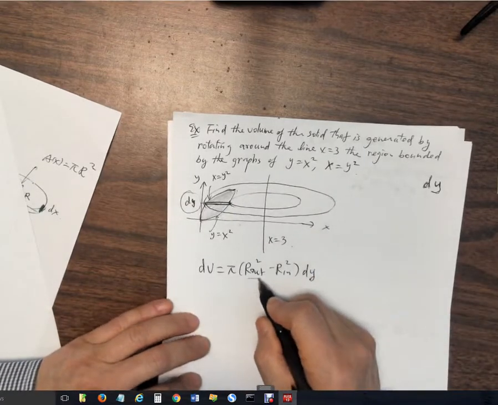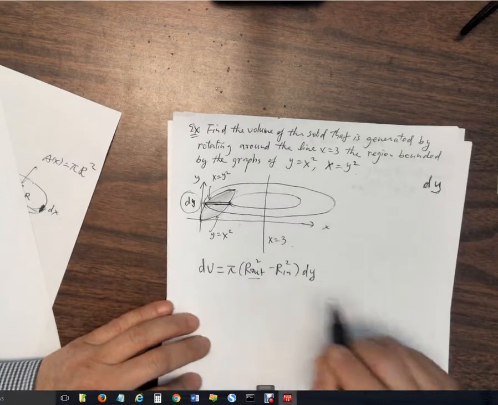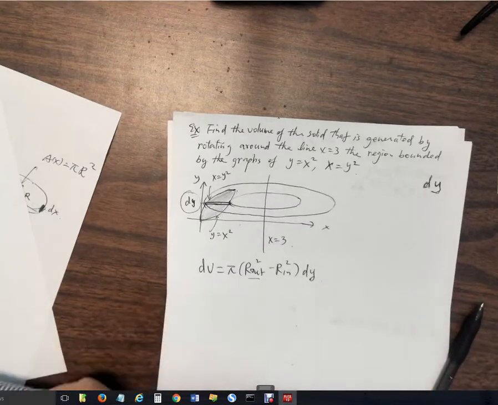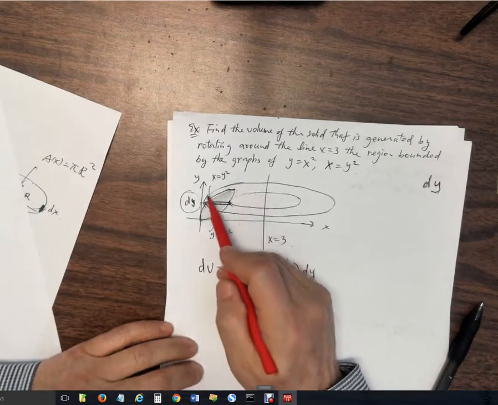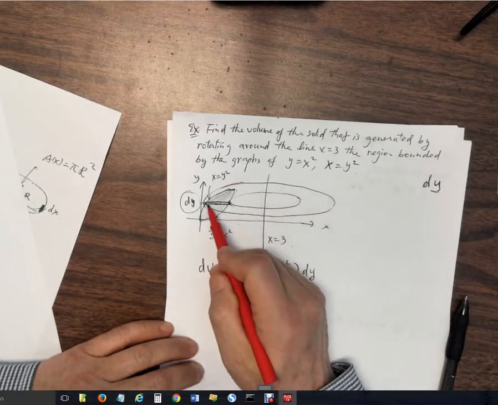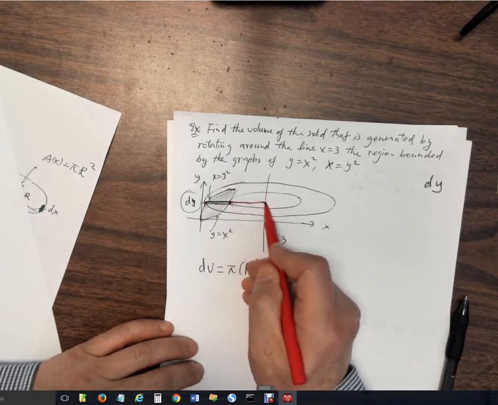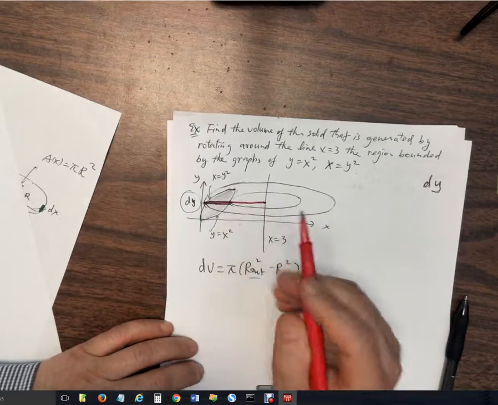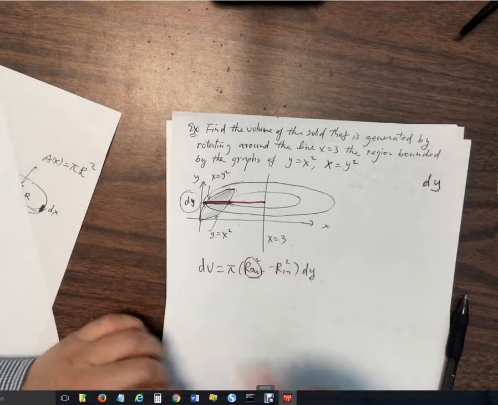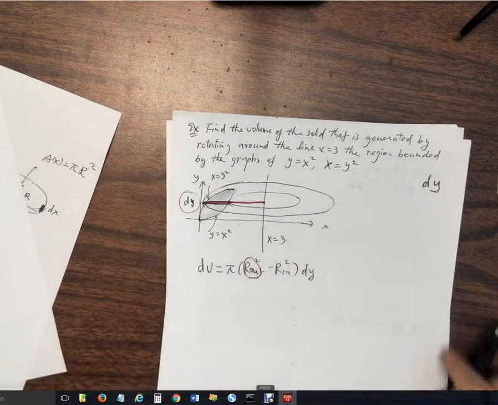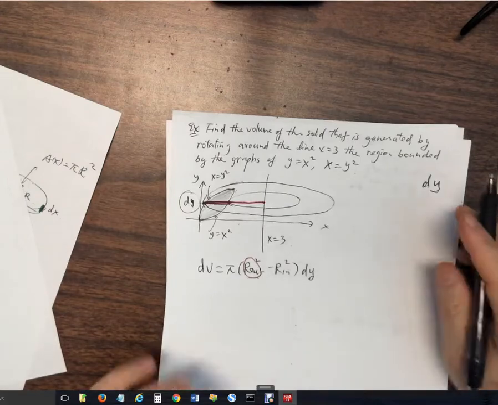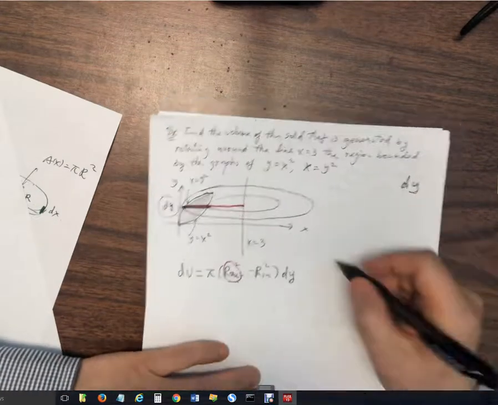R out is the radius of the outer circle. This is the outer circle, so the radius is this. This is R out, in red. Let's figure that out first, and then we talk about R in.